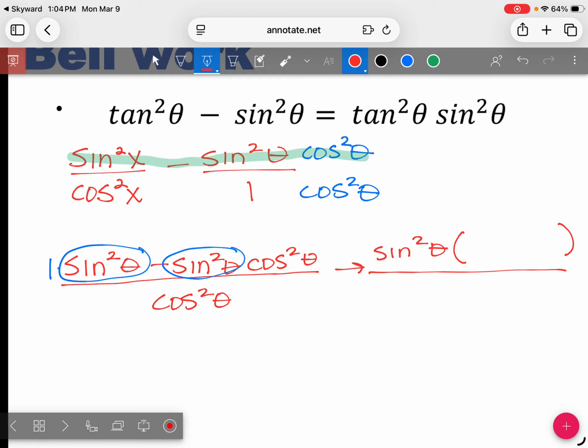What would I have left inside of the parentheses? 1 minus cosine squared. That's what's left. Which is an identity. 1 minus cosine squared is an identity.